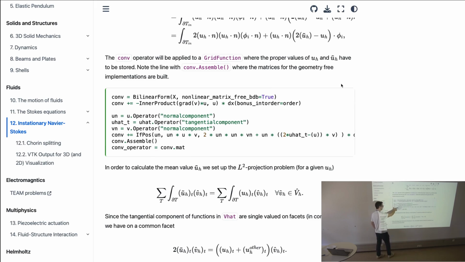The idea is that in this convection, you can reformulate it in a geometry-free implementation, and you can then do the application of this convection bilinear form, so this right-hand side, on your graphics card, and this is much faster. Joachim hacked it in here last week.